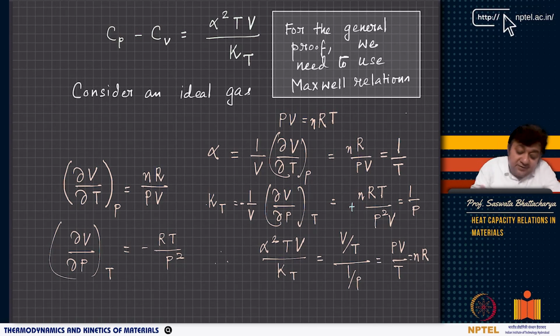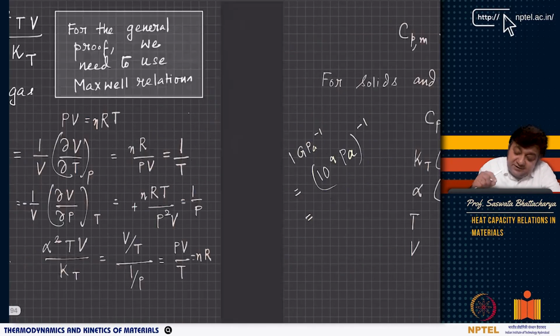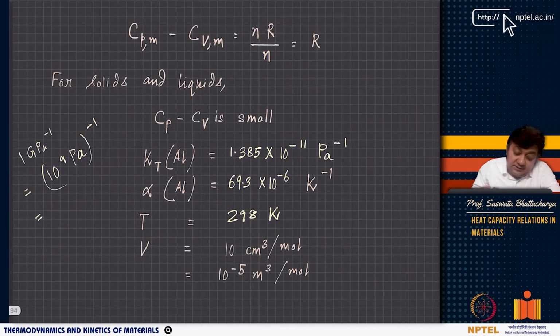If you know it, then you can see how much is the difference between Cp and Cv for solids and liquids in general. Okay, so that's the idea. Since beta is small in general for solids, and alpha is also small, let's think of aluminium, for example.